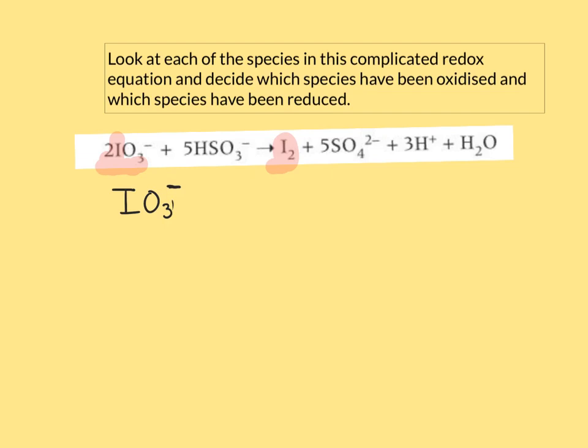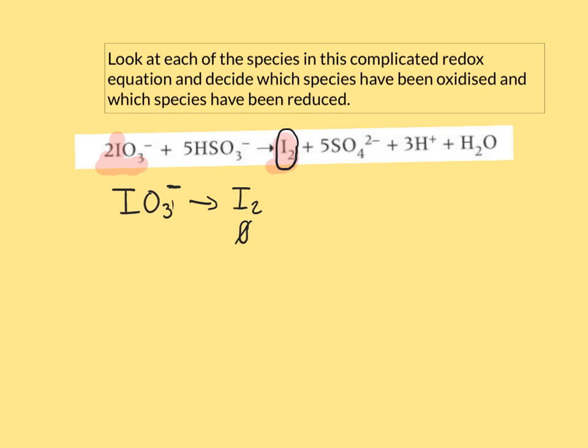We can write an equation to show the iodate becoming iodine. We can work out the oxidation number of this straight away because it's a pure element, and we know from our ladder that pure elements have an oxidation state of 0. They're sitting right in the middle of the ladder.